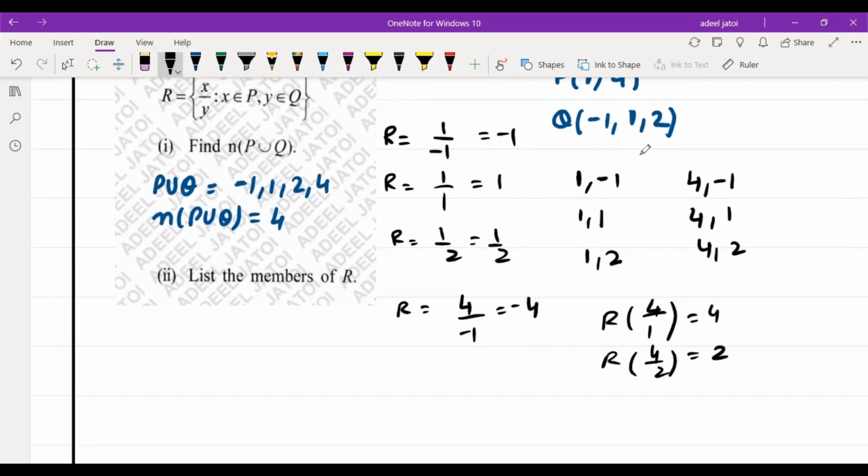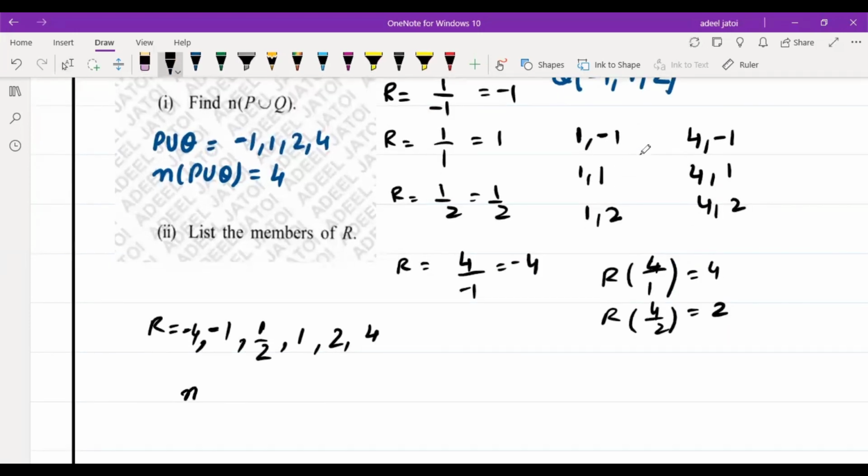So all the members of R, starting from the least, will be written down as -4, -1, 1/2, then we write down 1, then we write down 2, and then we write down 4. And if the question had asked for n(R), then the answer would have been 6.